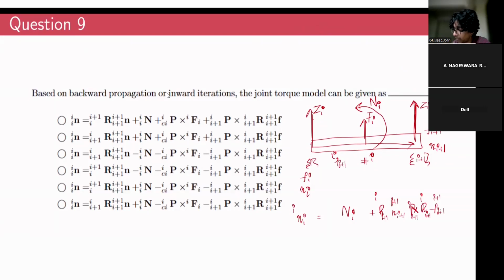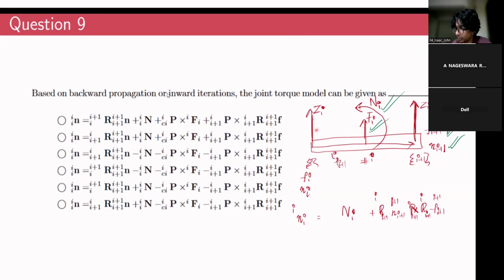Then we have covered this one. We have covered this one. We have covered Ni. We also need to cover the moment contributed by this inertial force Fi, due to the moment arm contributed by this distance.